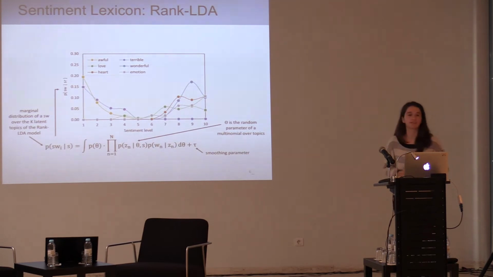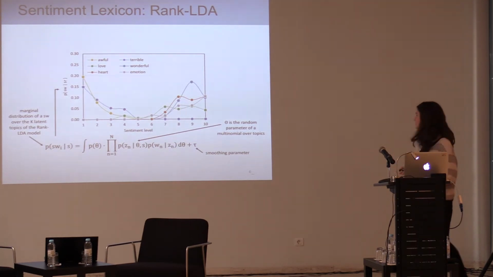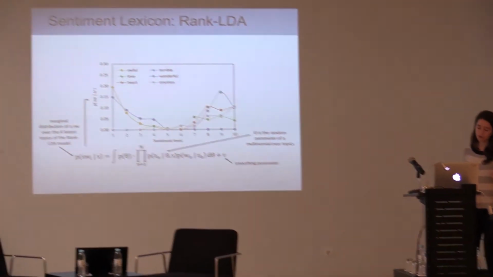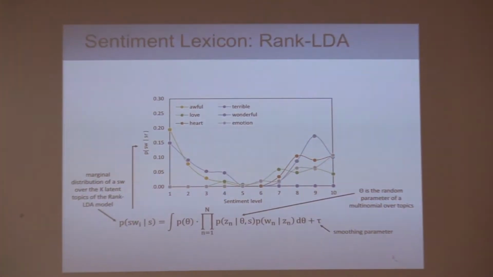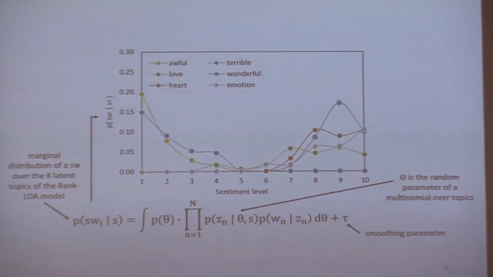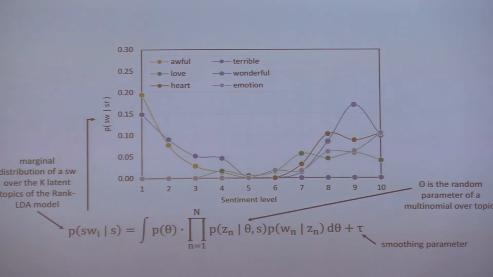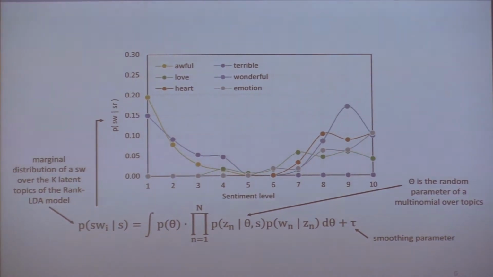So I think this graph illustrates better what I just explained to you. I told you that LDA is able to, given a collection of documents, so you can think about the reviews as a collection of documents, we can feed the LDA with a collection of documents that the users gave a rating. So if you think of IMDb, we have a rating that goes from 1 to 10.